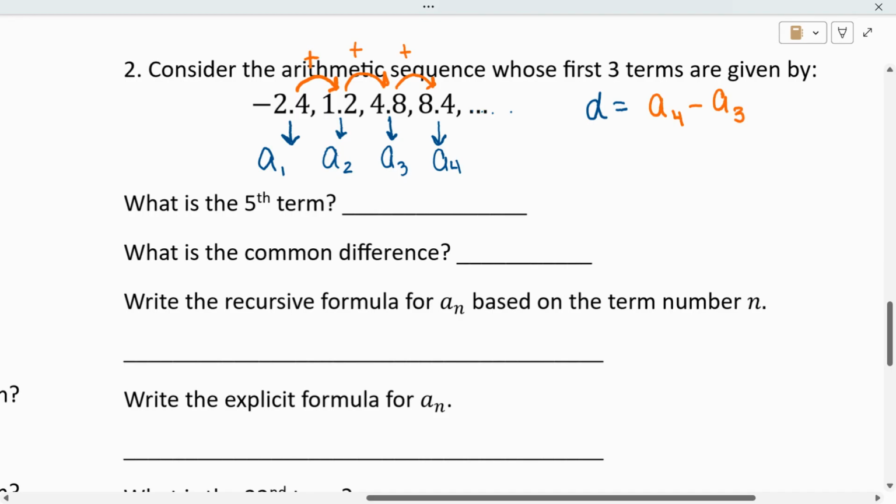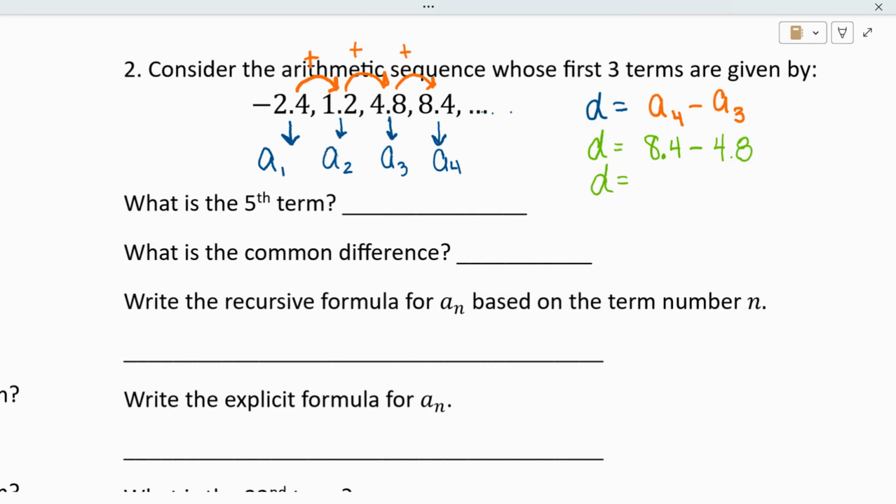Take any term in the sequence and subtract the one that comes before it. That will give you the common difference. So if I use the fourth term, 8.4, and subtract the third term, 4.8, what do I get? So 8.4 minus 4.8.